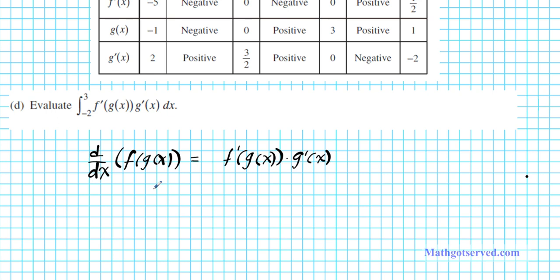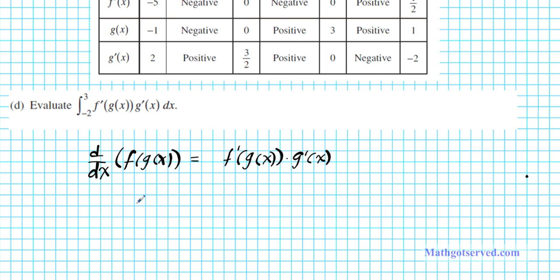So what if you found the antiderivative of both sides of this equation? You're basically trying to undo everything, okay? So what we're going to do is multiply both sides by dx.